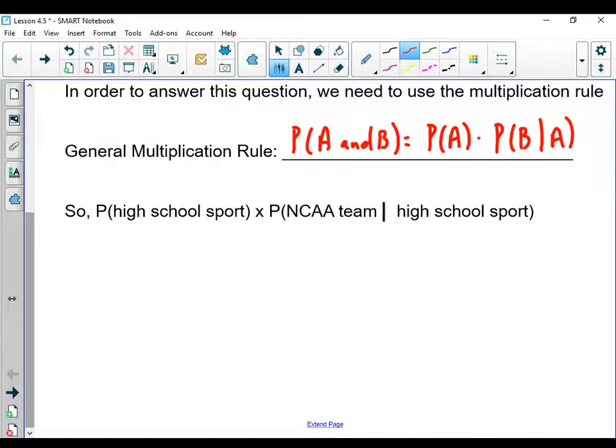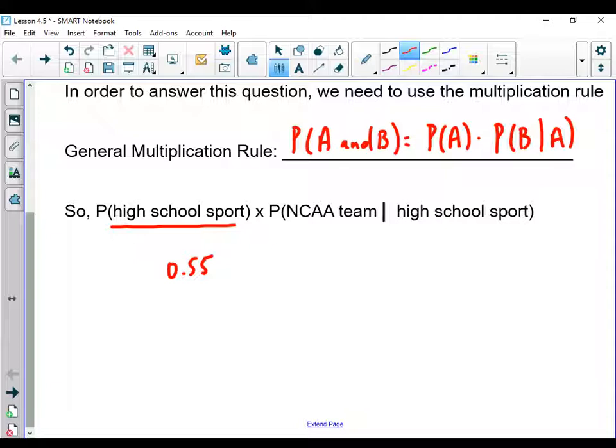we want to know what's the probability that they played in a high school sport and they played on the NCAA team. To answer that, I'm going to first figure out the probability that they played in a high school sport. Well, they said 55% played in a high school sport. So that's 0.55.